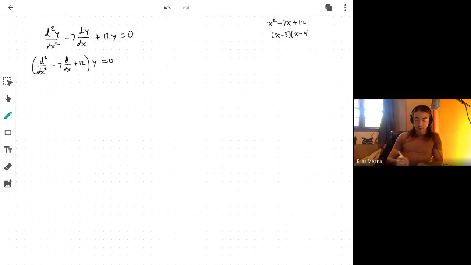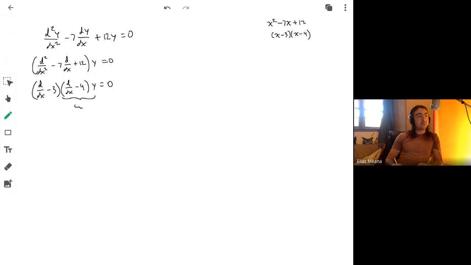So that means we can write this differential equation as (d/dx minus 3) and then (d/dx minus 4) operating on y. We say this whole thing here is omega.